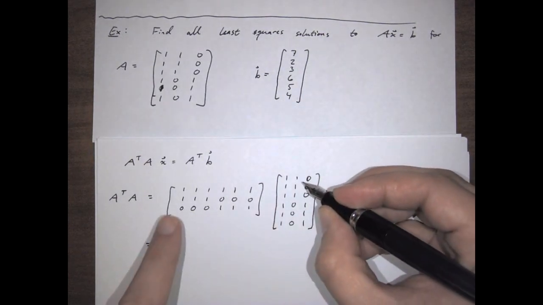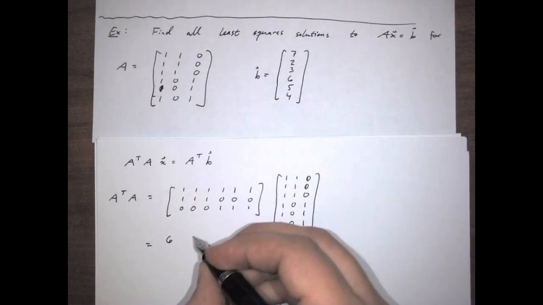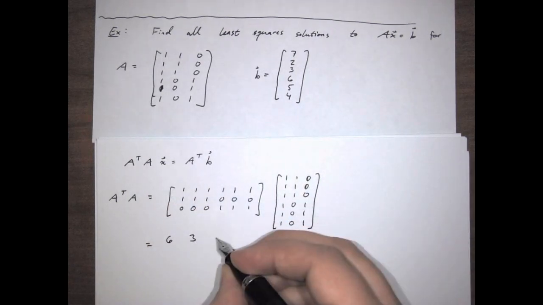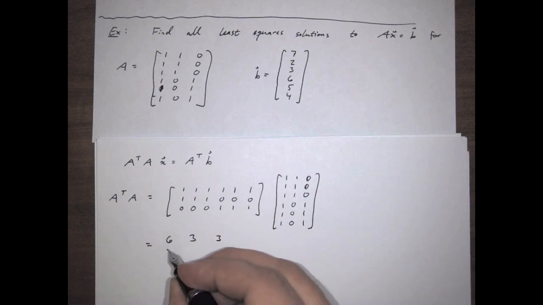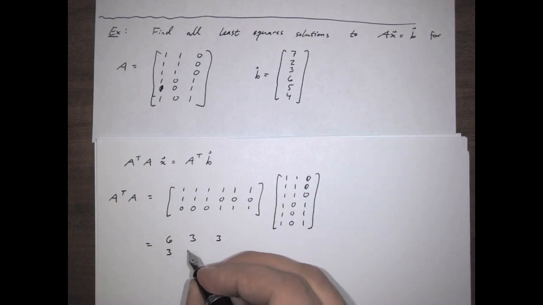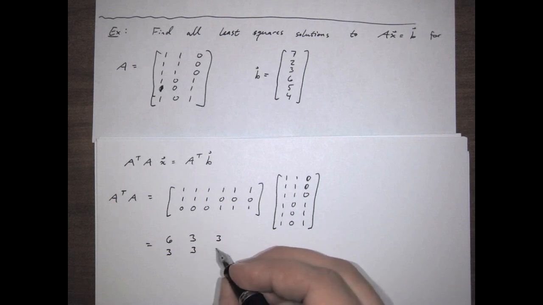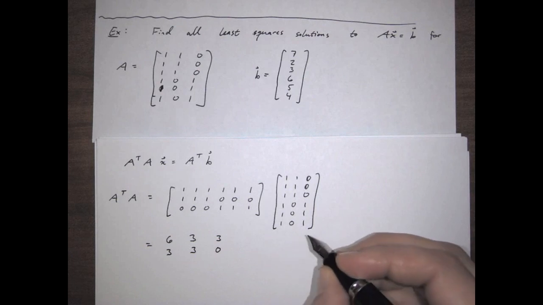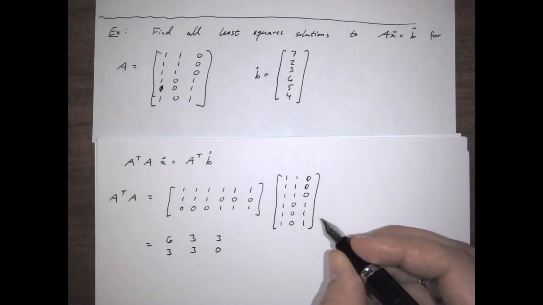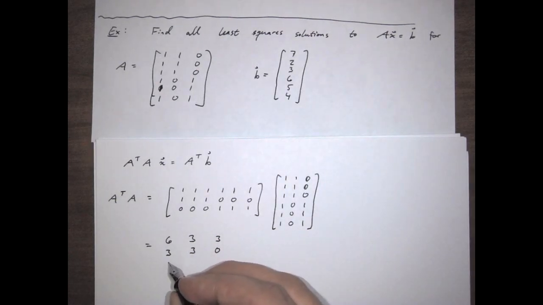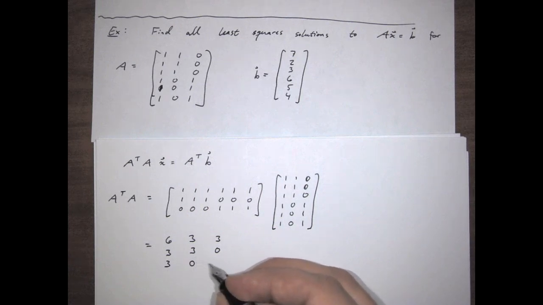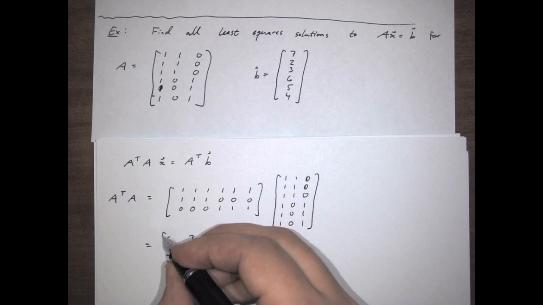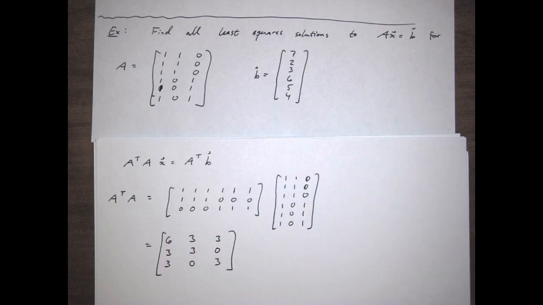When I do that, it's going to be 3, and it's going to be 3. And then here, it's going to be 3. It's going to be 3, and then it's going to be 0. And then here, it looks like 3. It's going to be 0, and it's going to be 3. Alright.